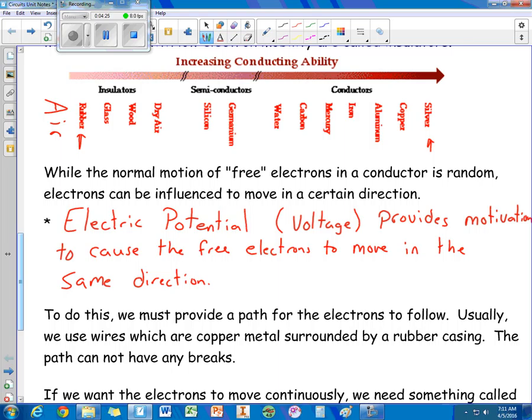So when we apply a voltage across a segment of wire or a segment of conductor, that electric potential will cause the electrons to move in a certain direction. And generally they move from higher potential to lower potential.